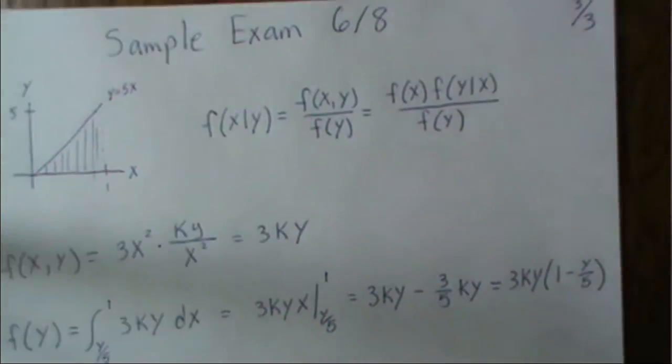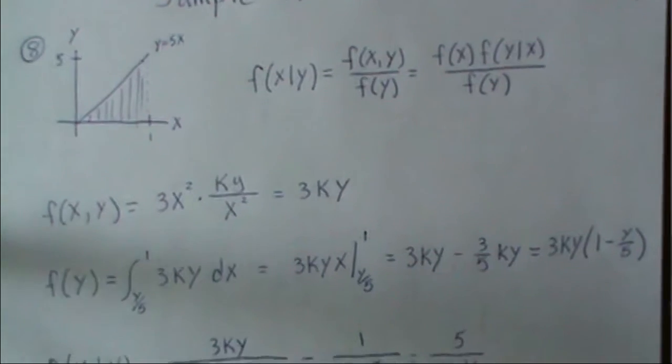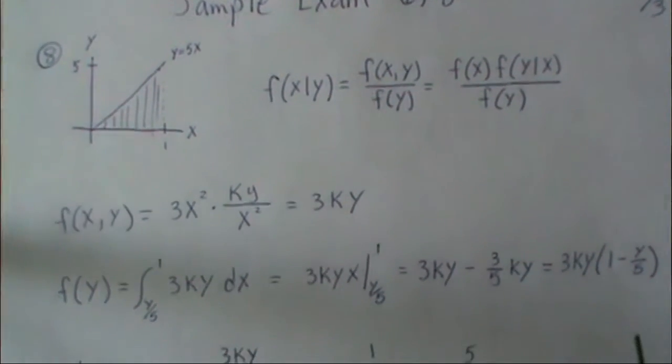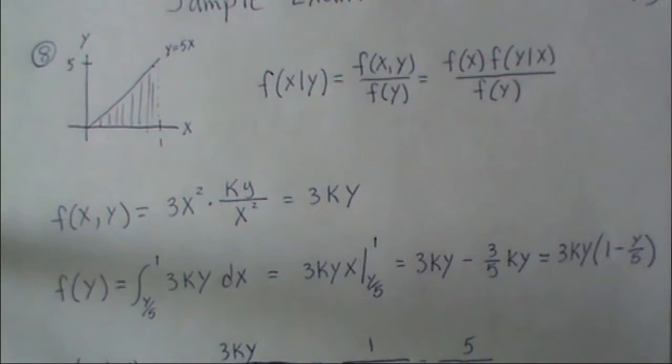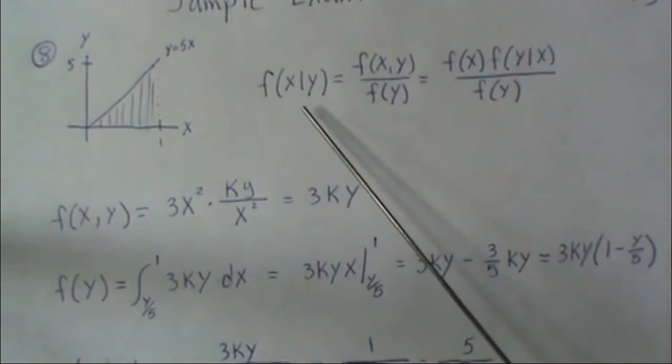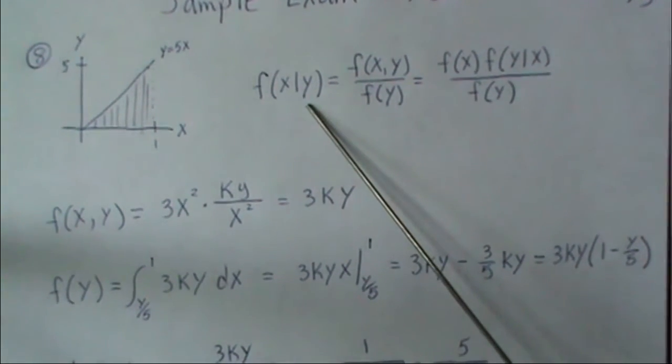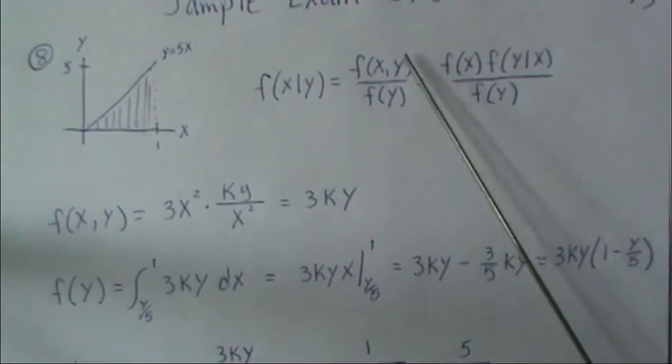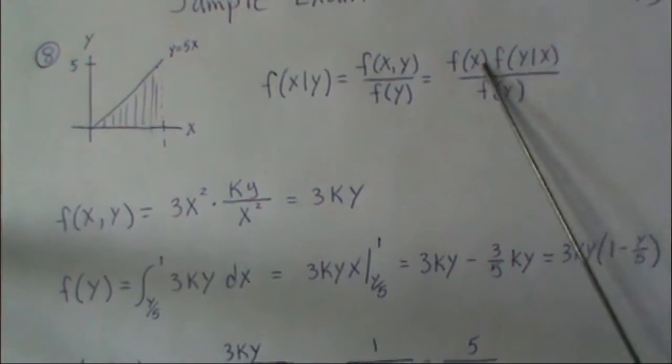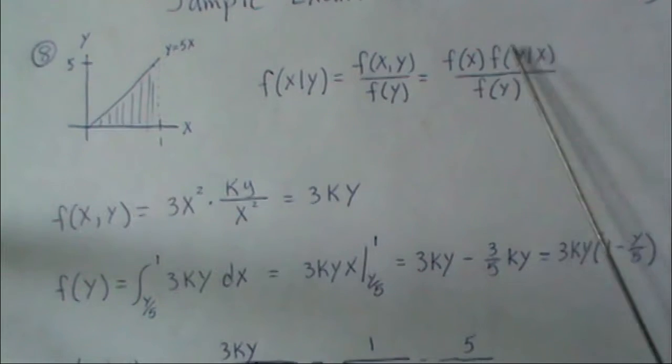So number 8, we're not going to be able to fit it all on here. Here we're asked to find the distribution of x given y, and we can write it like this, and then rewrite the numerator like this.